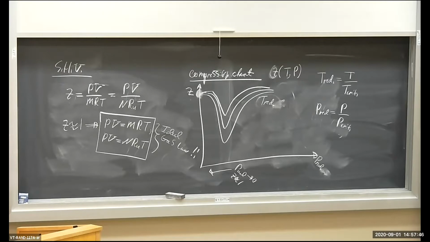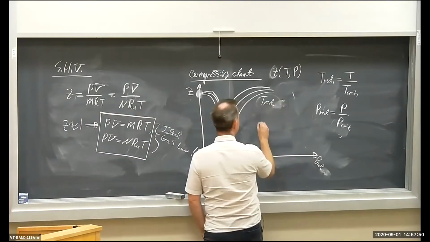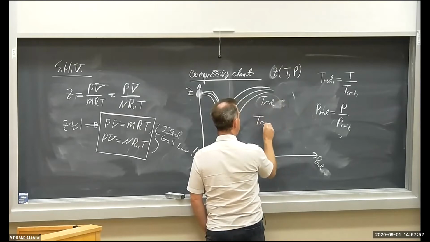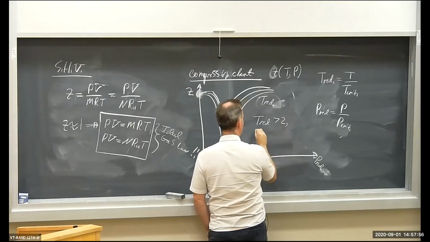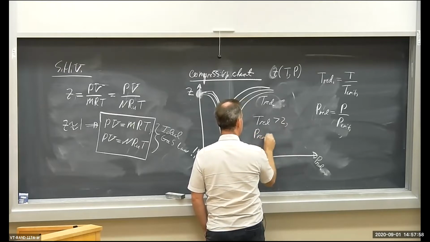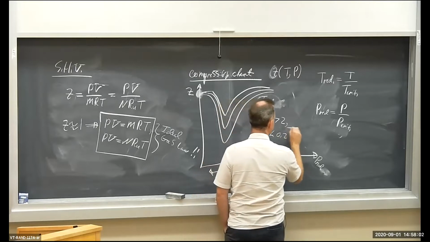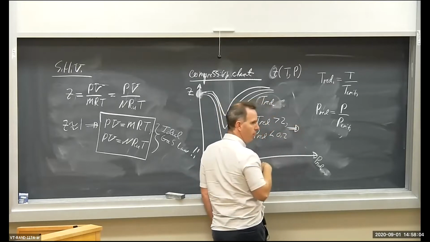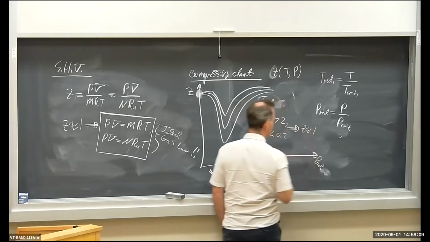So I'm going to make the claim here, for T reduced greater than 2, and P reduced less than 0.2, the compressibility factor Z is approximately equal to 1.